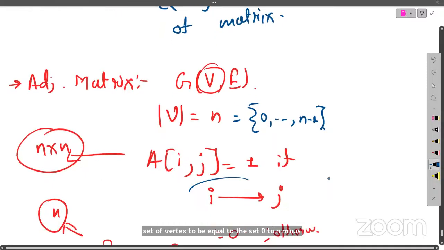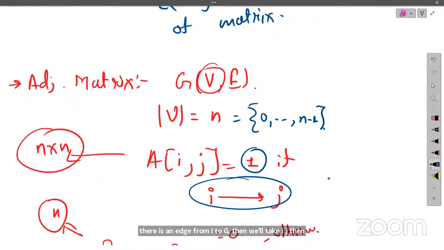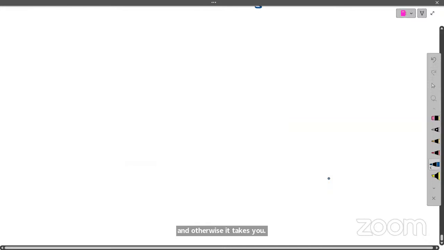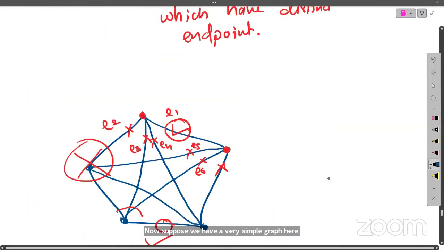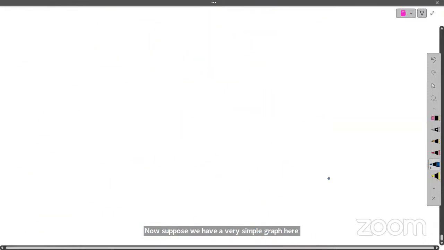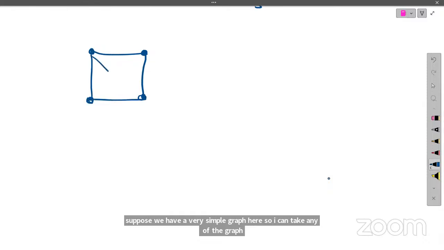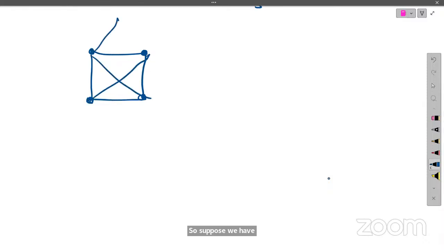If there is an edge from i to j, then we'll take the ijth entry of our matrix to be equal to 1, and otherwise we'll take 0. Now suppose we have a very simple graph. This is an undirected graph.